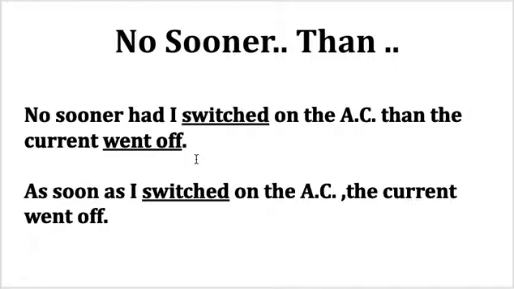It means you just pressed the switch so that the AC should be switched on, but what happened? The current went off. So: as soon as I switched on the AC, the current went off. The second part remains the same. However, we have to be careful: if I'm using "no sooner", I have to use "had I switched"; with "as soon as", "I switched".